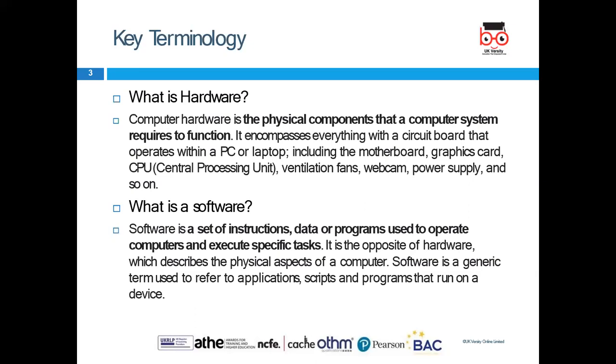What do we mean by hardware? By hardware, we mean all those physical components that, once assembled together, give us a completely functioning PC. There are various components which, put together, allow us to do it.